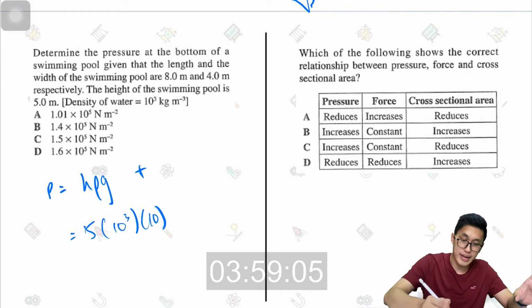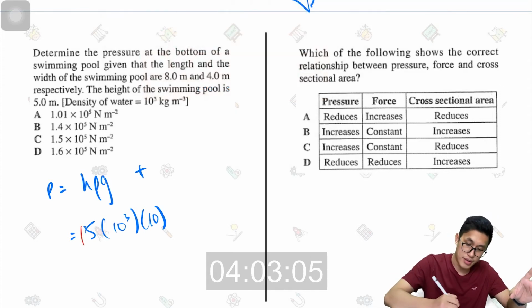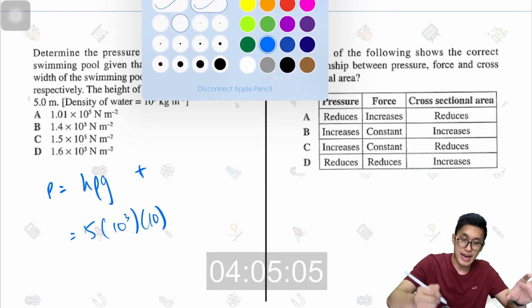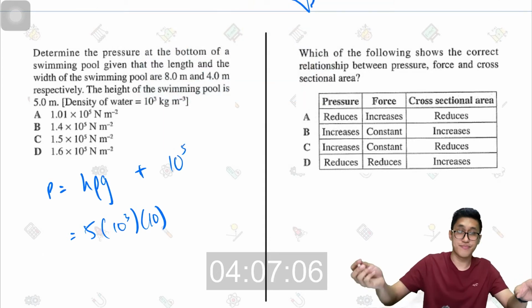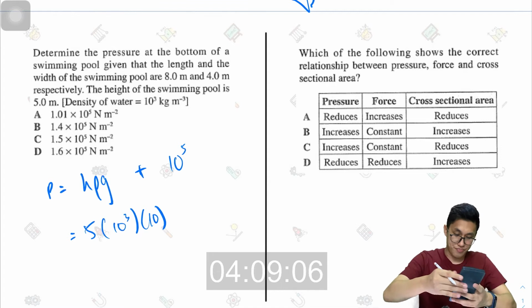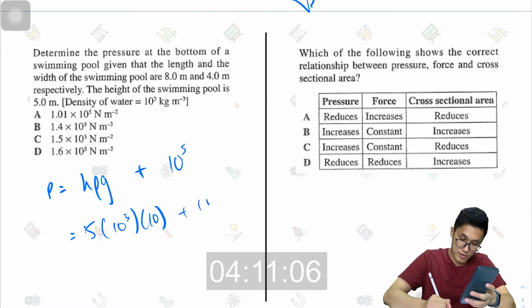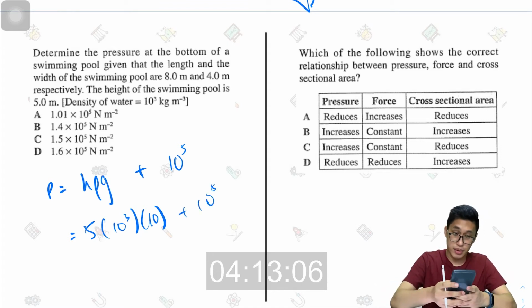So you can either make this 15, or you can just add another 10 to the power of 5, right? So this is 5 times 10 to the power of 3 times 10, and then plus 10 to the power of 5, right?